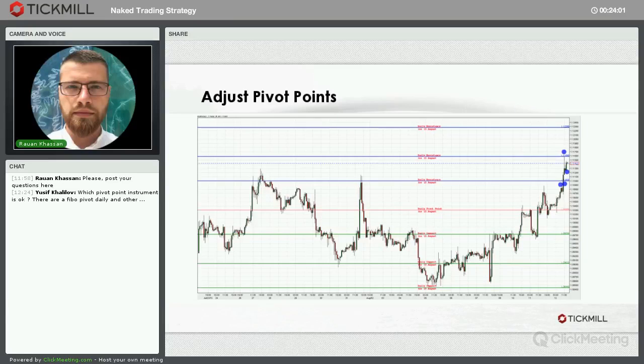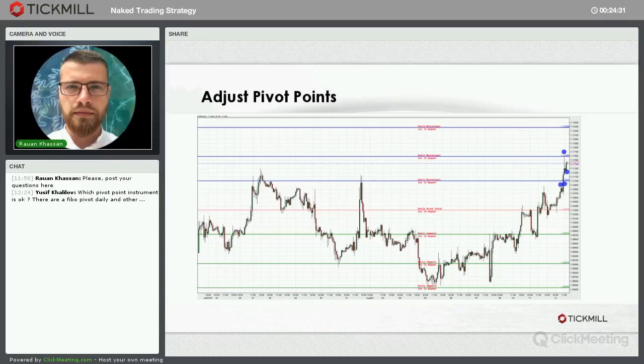For example, standard pivot point calculation includes high, low, and closing levels. Fibonacci pivots use the same formula, but they also include these Fibonacci ratios, which were described earlier, such as 38.2% and 61.8%. If you compare both of these types of pivot points, you would see a little difference in them.